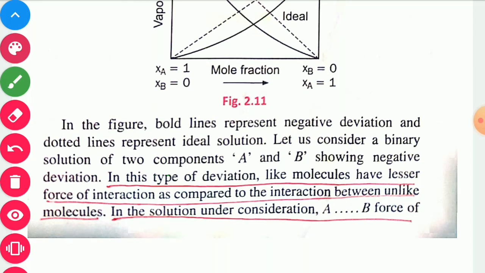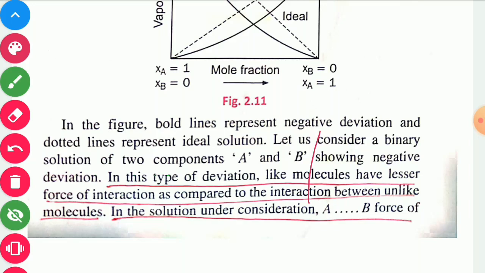In this type of deviation, like molecules have a lesser force of interaction as compared to the interaction between unlike molecules. Here like molecules means the molecules of solvent in the pure form as well as the molecules of solute in the pure form. Unlike molecules means the molecules of solute and solvent present in the solution.